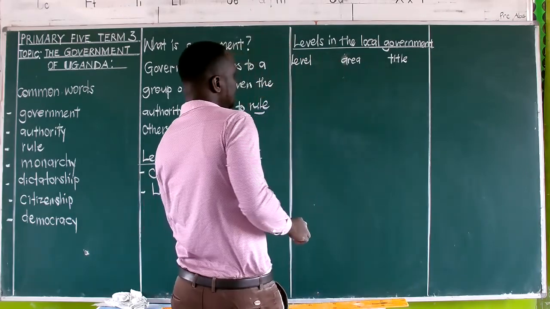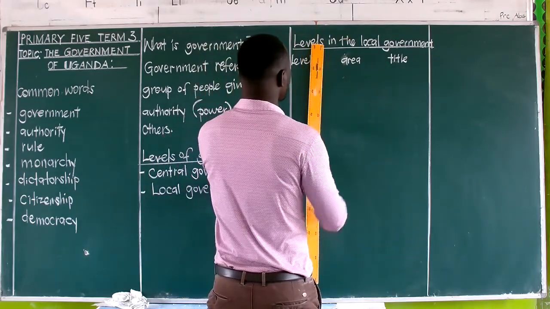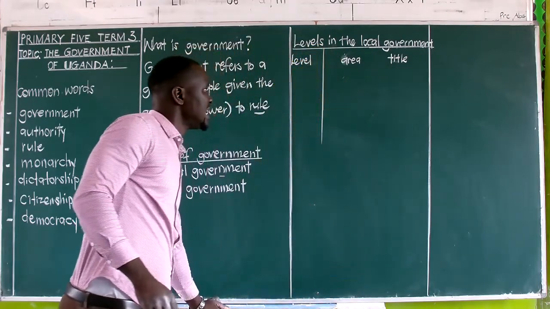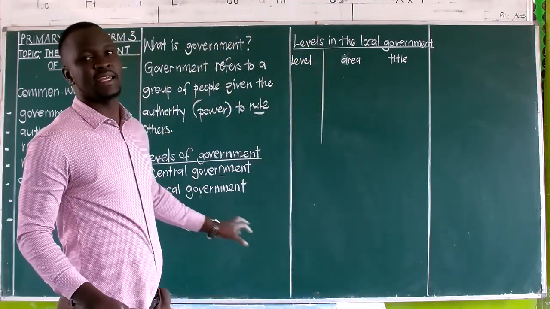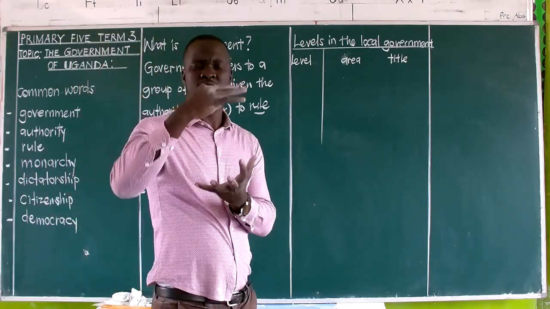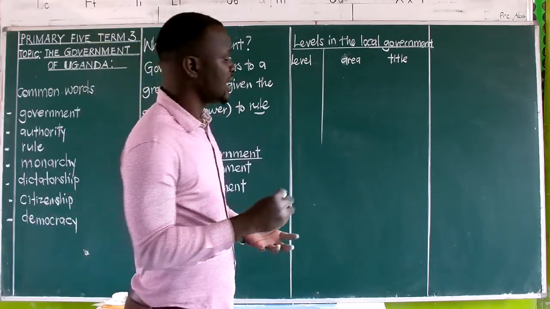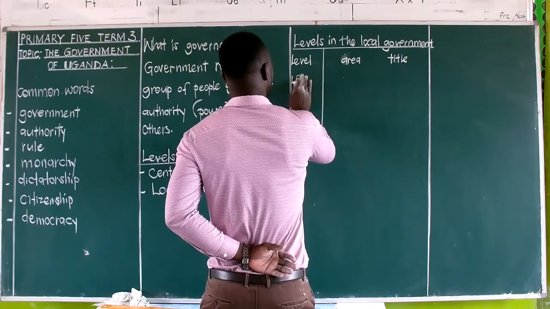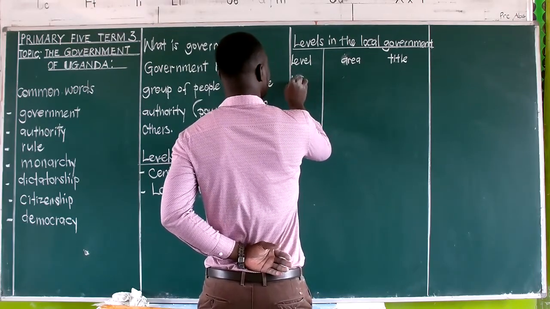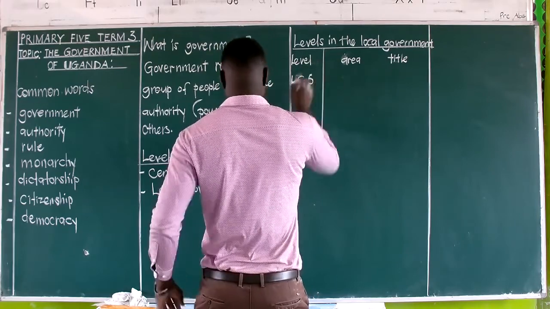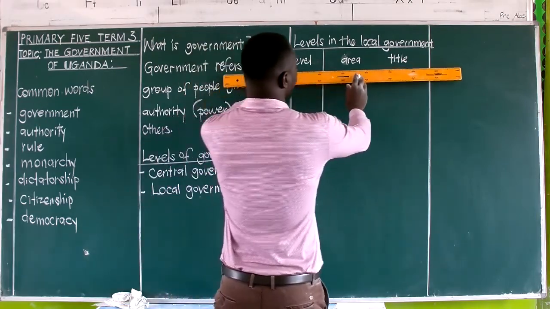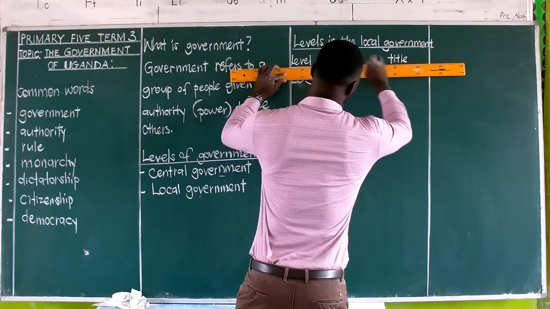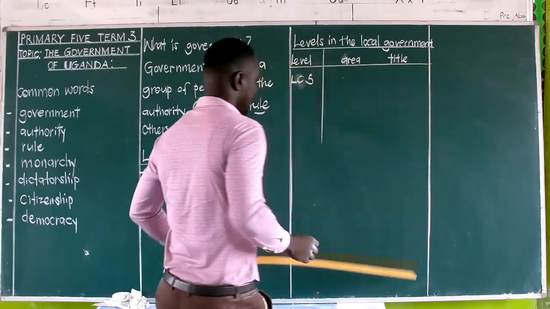Now, here the local government runs right away from the topmost administrator, that is what we call the local council 5 chairperson. Or if we are looking at the council itself, we shall call it the local council 5.